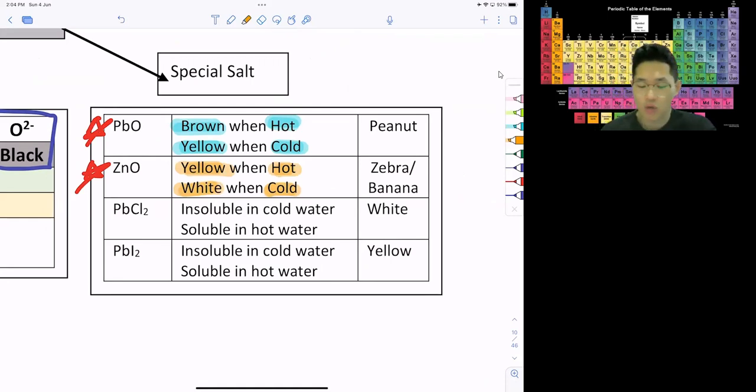The way I remember the color is, Pb, you can call it peanut, but this doesn't apply to everybody. Not everybody can accept this, but never mind, I'm just sharing with you. Pb is peanut. Peanut, for me, is yellow color, I mean with the shell, some light yellow color, a bit brown also, but I just call it yellow.